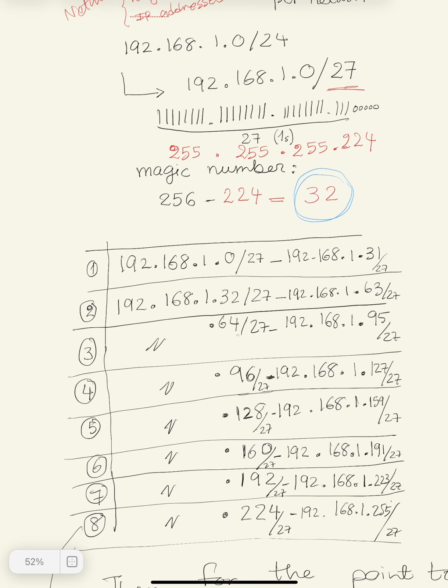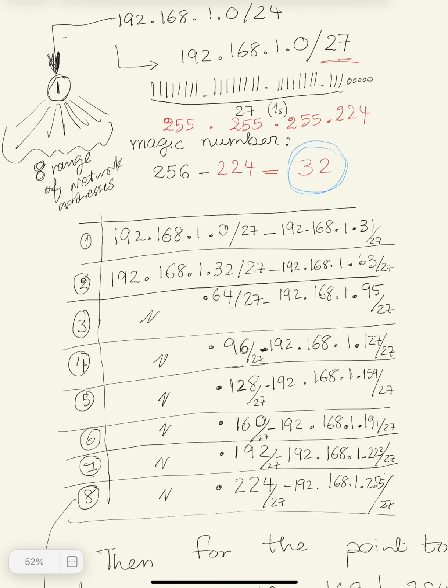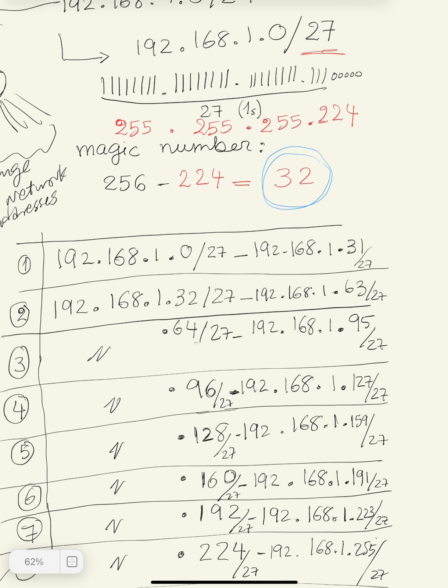So remember, we had 1 range of IP addresses, and borrowing 3, now I'm creating 1, 2, 3, 4, 5, 6, 7, 8 ranges of network addresses. That's very important to understand. So now, the question is how I calculate this range of IP addresses.